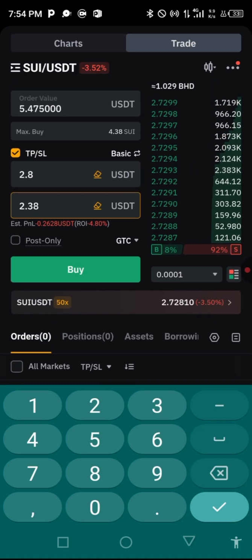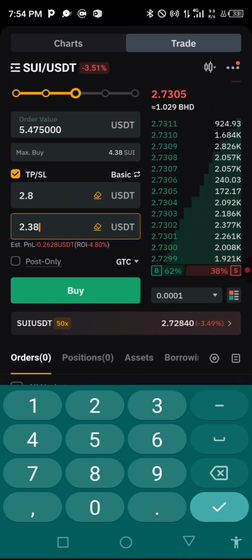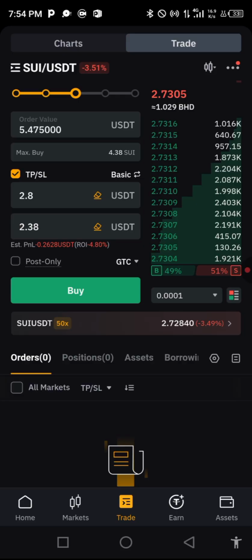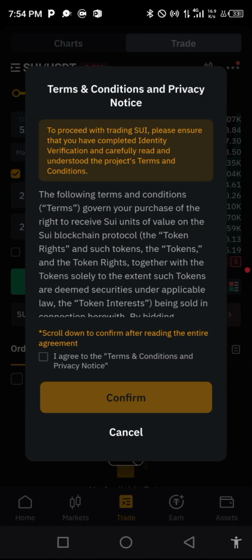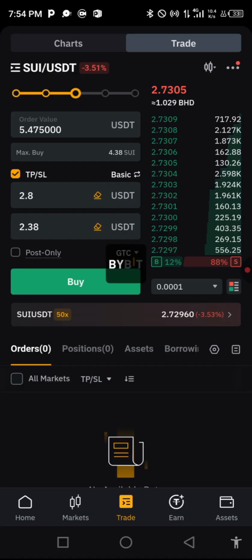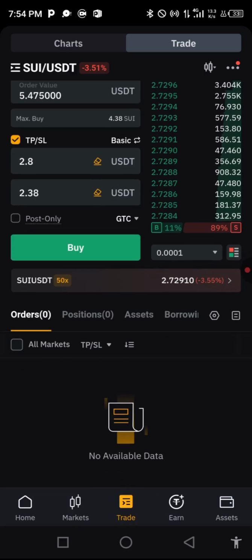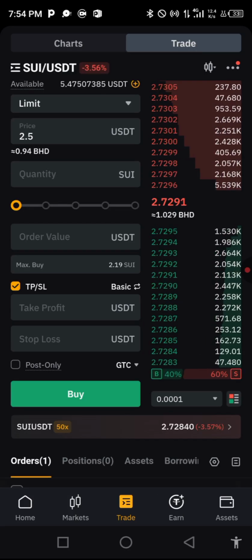So what do you do next? Then you just click on buy. So click on agree and click on confirm. So once you do that, the trade is being executed.